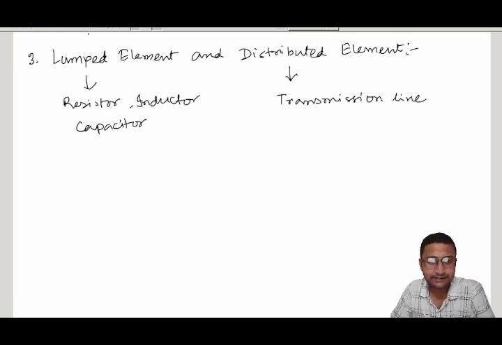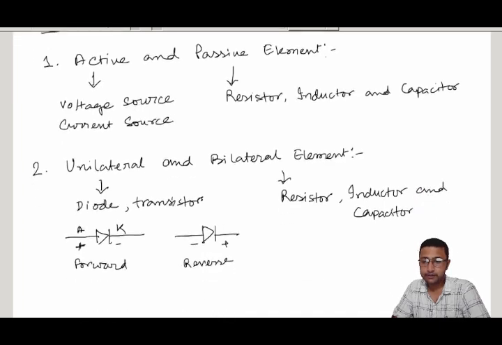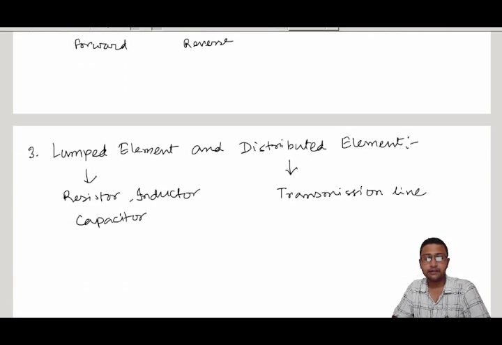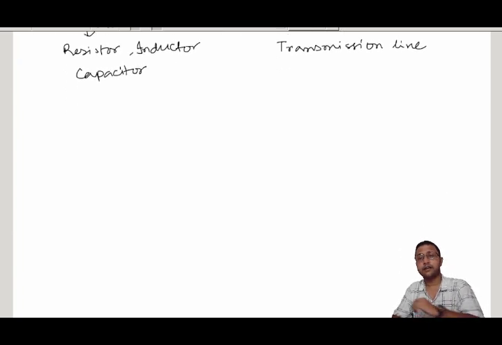Look, here is a very interesting thing: resistor, inductor, capacitor are called passive elements. Resistor, inductor, capacitor are called bilateral elements, and resistor, inductor, capacitor are called lumped elements. So these are the 3 major categories of elements. Okay.